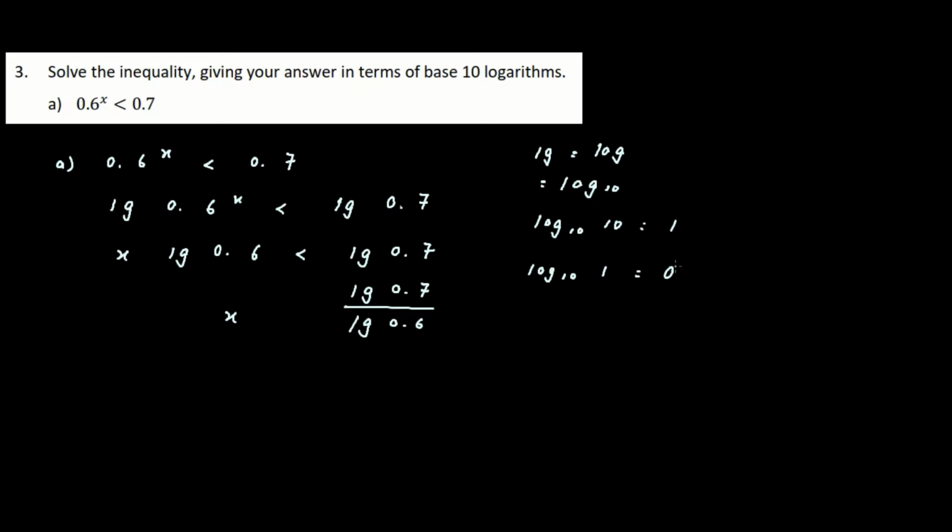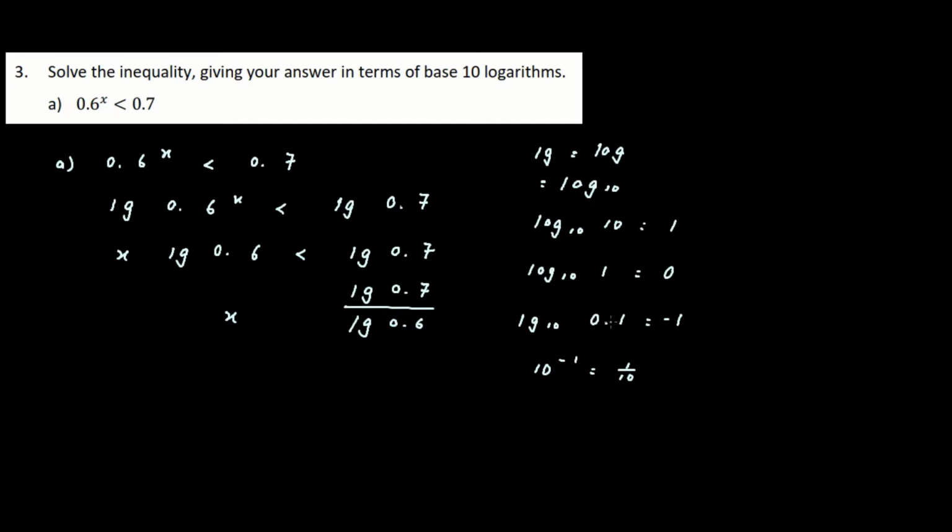So normally anything that is lesser than 1 will give you a negative answer. Like log of, let's say, 0.1. So 10 to the power of what gives you 0.1? Negative 1, correct? So you can see this one will give you a negative answer already. So I guess anything lesser than 1 will give you a negative number.